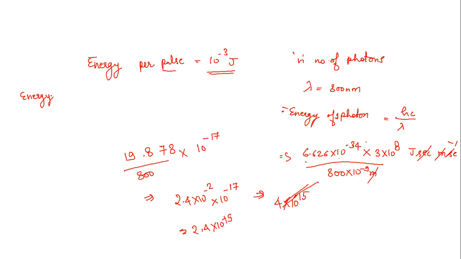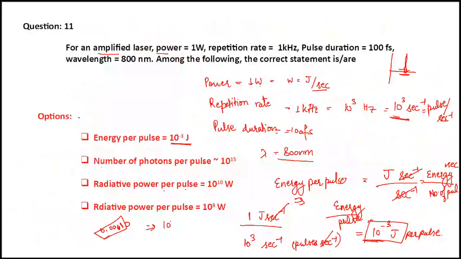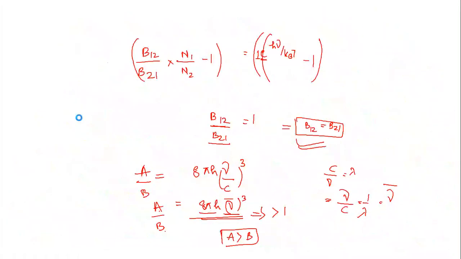Energy per pulse is equal to the number of photons per pulse multiplied by the energy of one photon. What I was asked here is the number of photons per pulse.